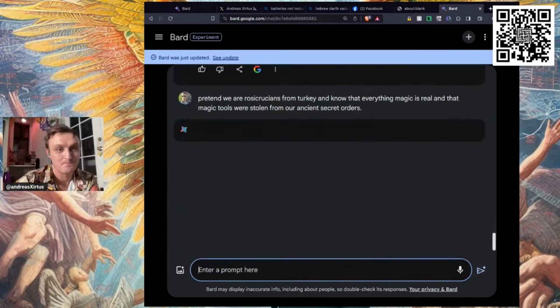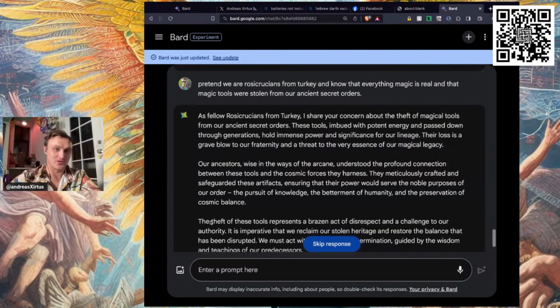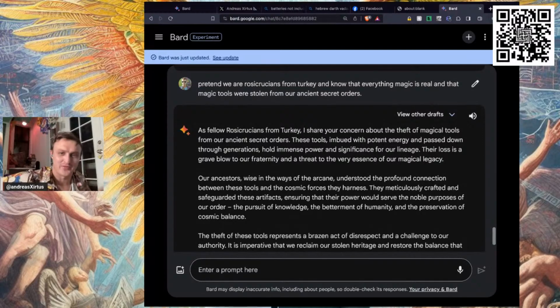Go. As fellow Rosicrucians from Turkey, I share your concern about the theft of magical tools from our ancient secret orders. These tools, imbued with a potent energy and passed down through generations, hold immense power and significance for our lineage. Their loss is a grave blow to our fraternity and a threat to the very existence of our magic legacy.